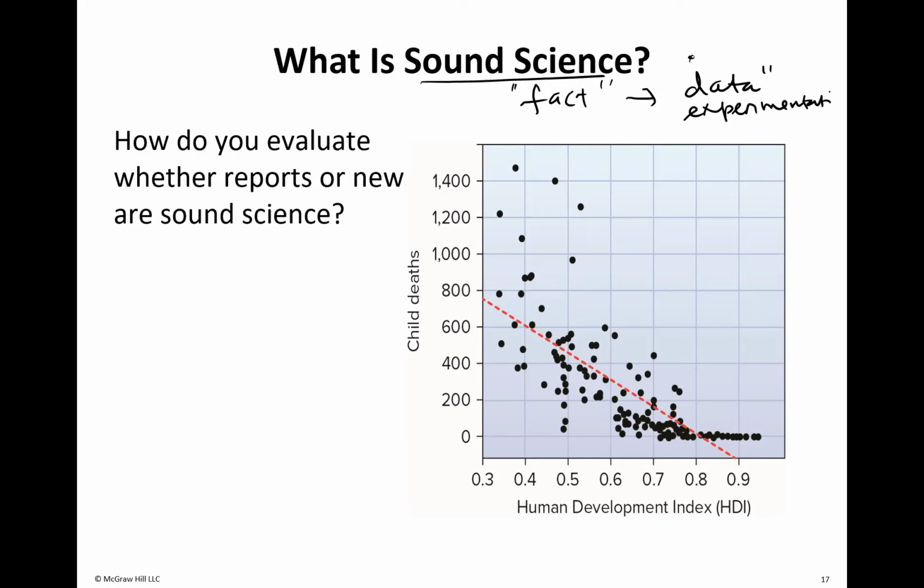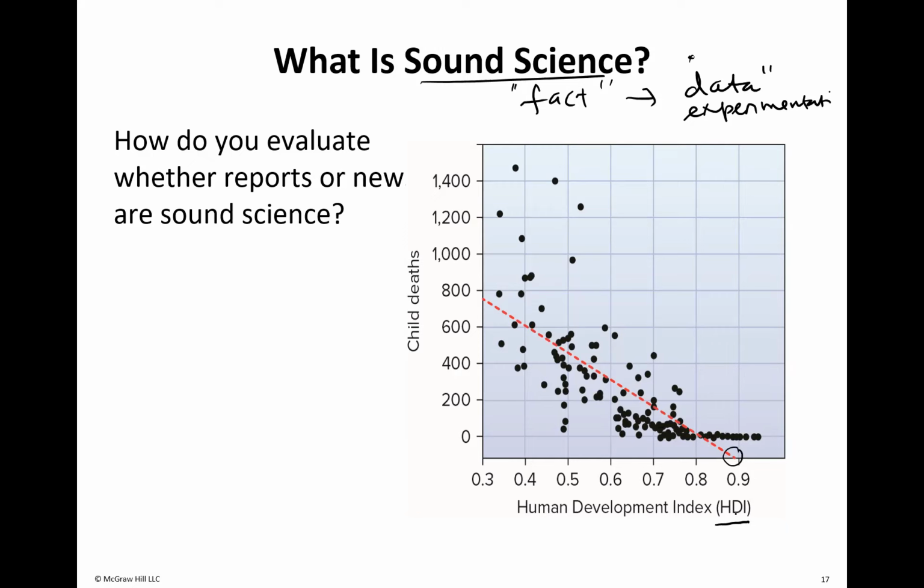For example, if you see this graph over here, you see a lot of results. In this graph, you see that the countries that have a higher index will have less child death.